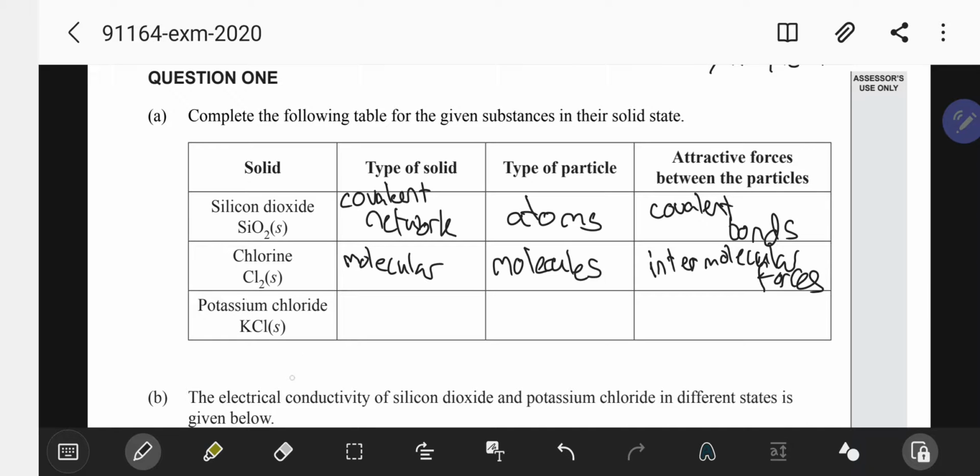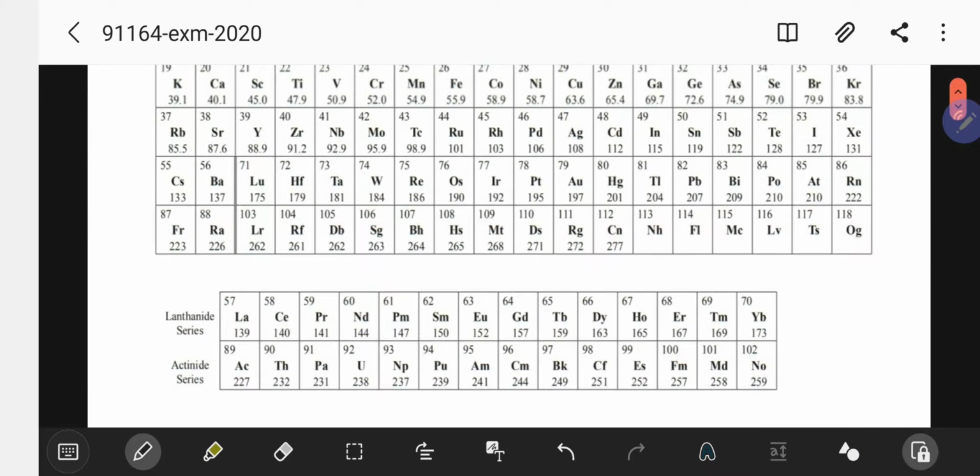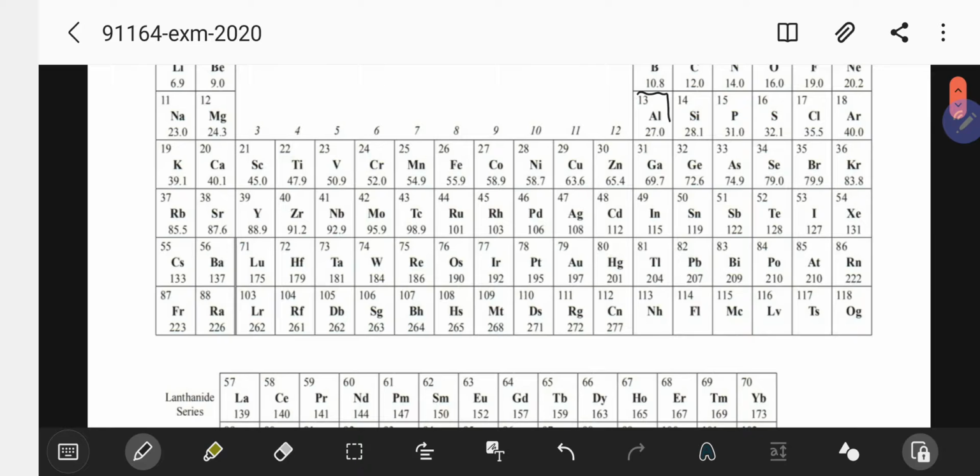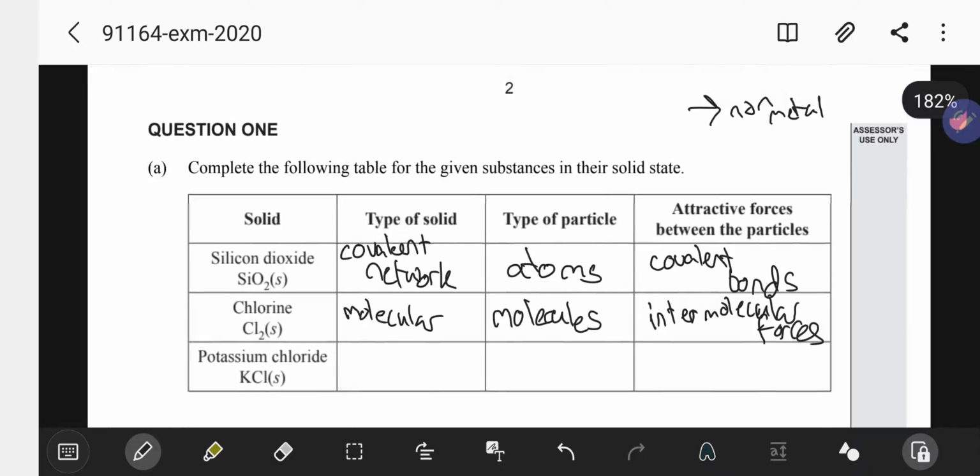And potassium chloride, we have the staircase has disappeared, but I'll draw it again. So potassium, this is a metal because it's on the left, and then chloride, that's a non-metal, so it's an ionic solid.